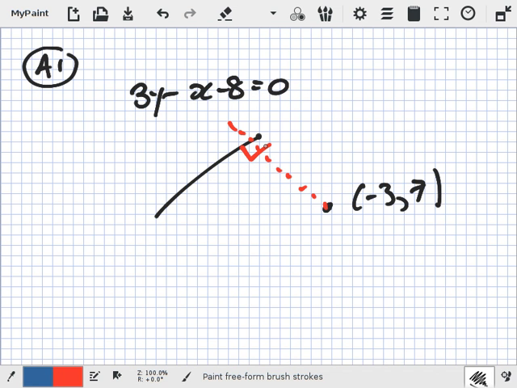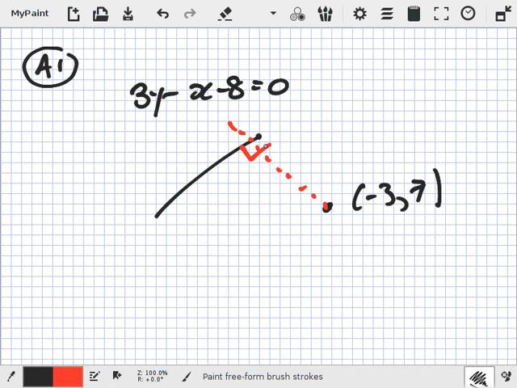Now, do you know how to do this or not? Yeah. What do you do? Tell me. First, from the minus 1. Find what? The slope.